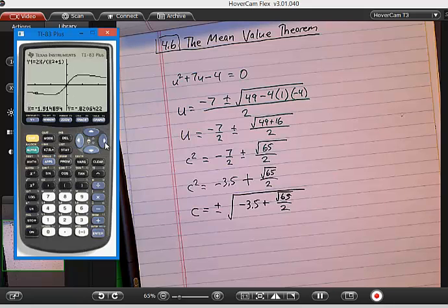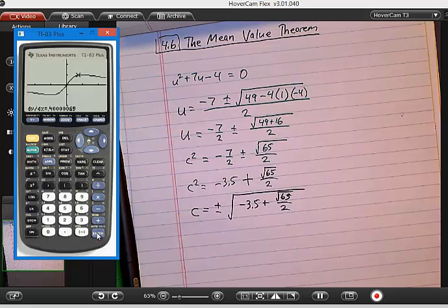Now the x value I want to try is my C value up there. You could type it in and let the calculator do the work for you. So I'm going to hit square root of negative 3.5 plus square root again of 65, close parentheses, divided by 2, and then close parentheses for the big square root.